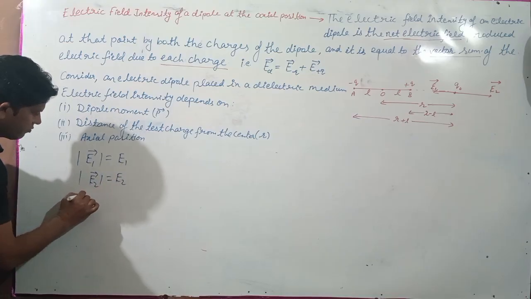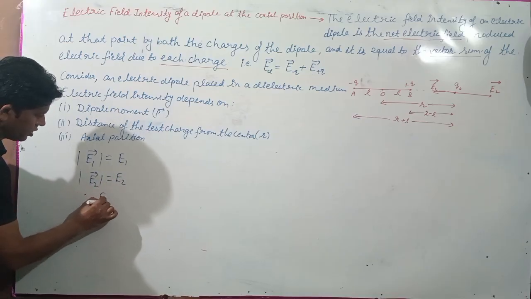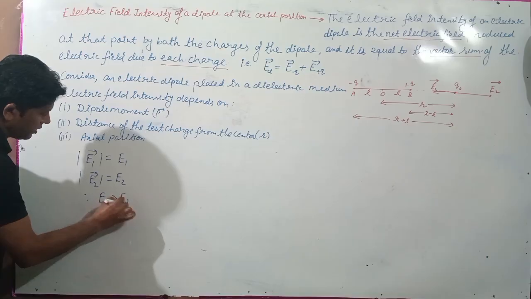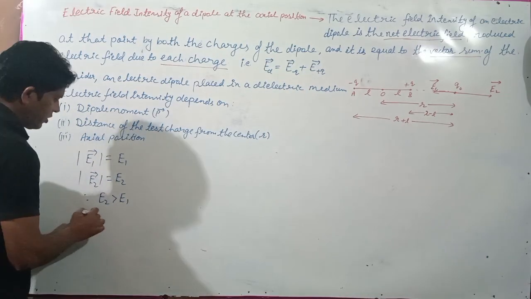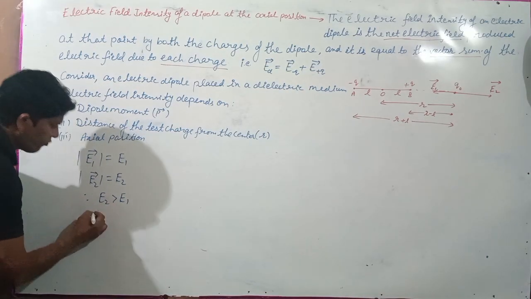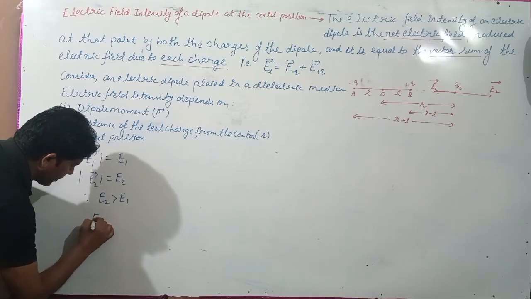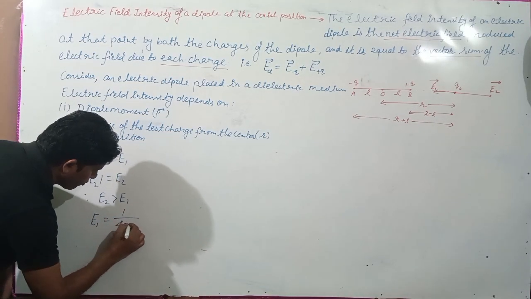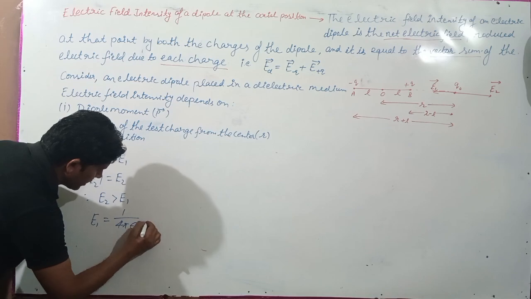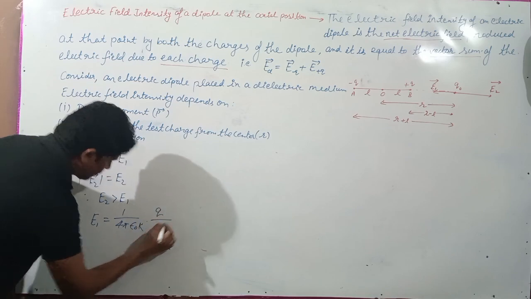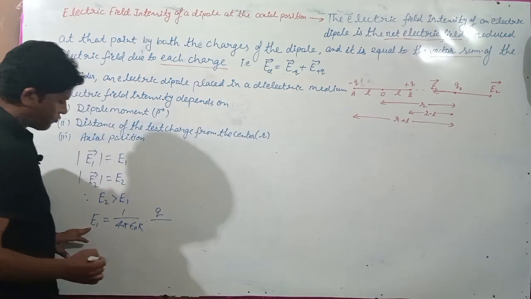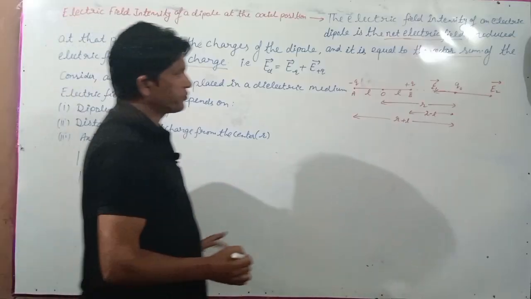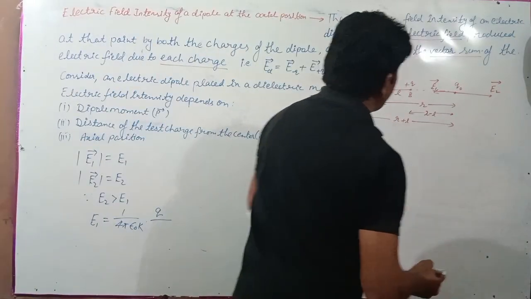We see that E2 is greater than E1. Now place the formula of E1 and E2 separately. E1 is equal to 1 upon 4 pi epsilon naught, times Q upon the distance for E1, which will be r minus l.